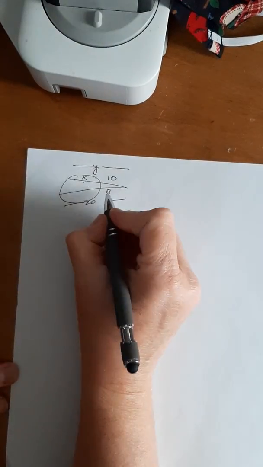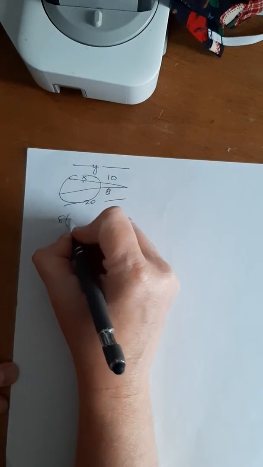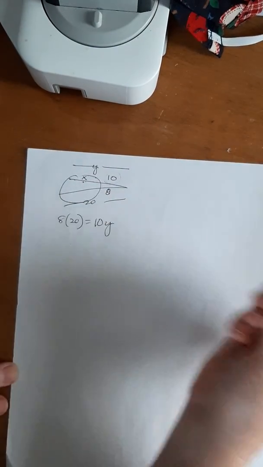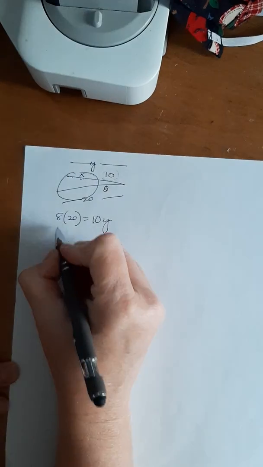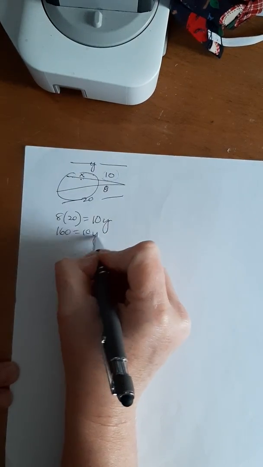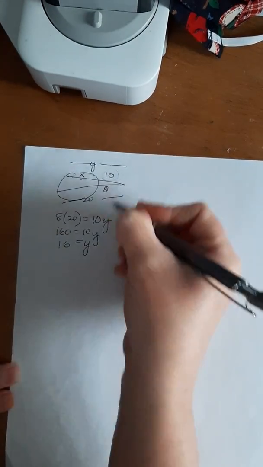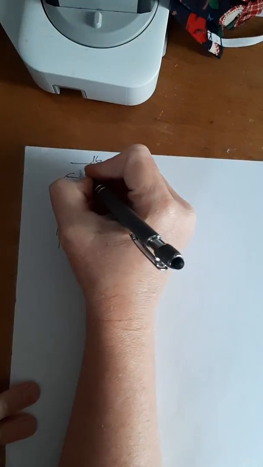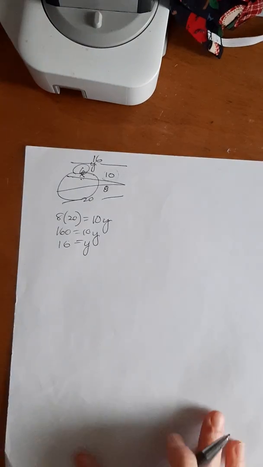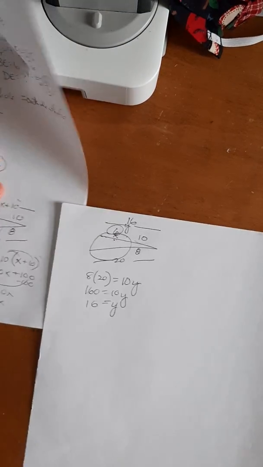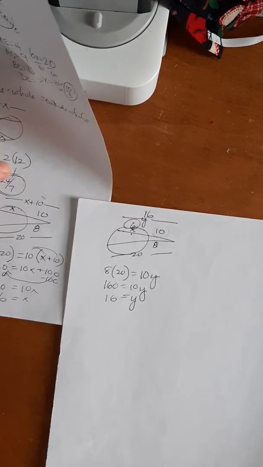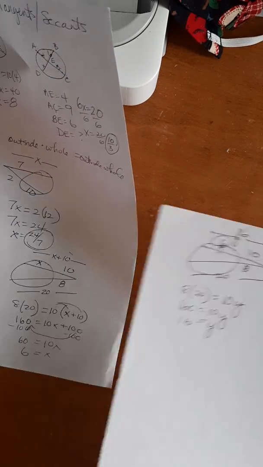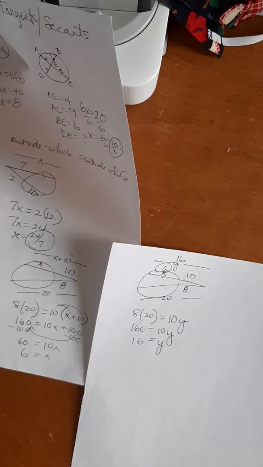Because see, then you could do outside the whole, 8 times 20, equals outside to whole, 10 times y. 160 equals 10y. Y is 16. Well, if the whole thing is 16 and that's 10, 6. So notice how you still get the same answer. It's just whichever method you prefer.